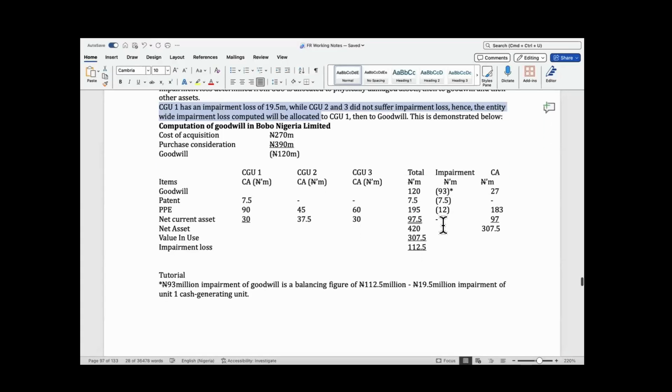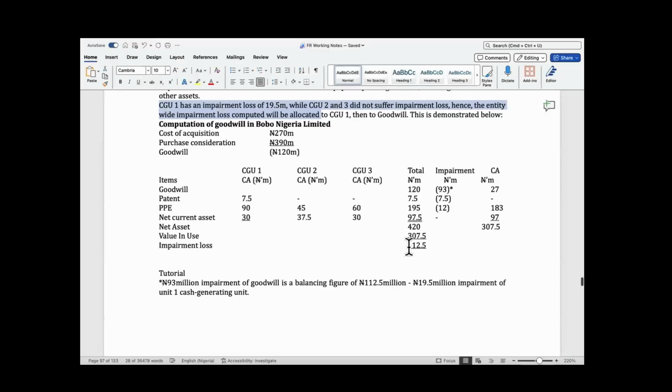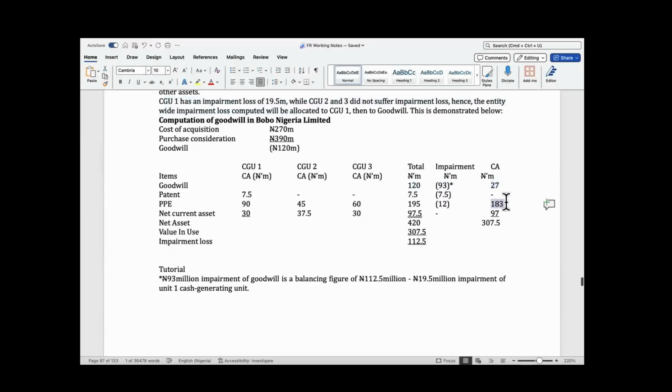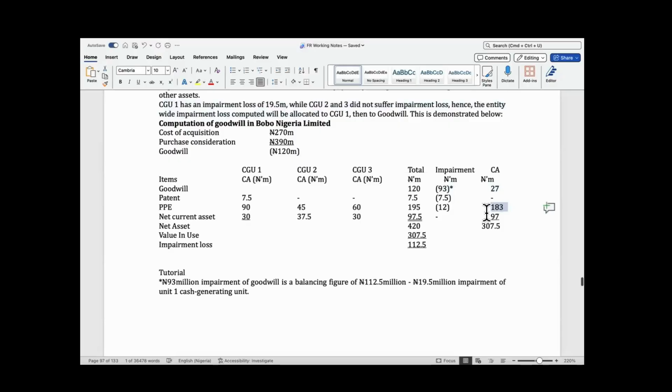After taking out 19.5 from the 112.5, the balance, which is 93, I gave all to goodwill. So the goodwill did not fully impair, still remaining 27, which is fine. The total PP is now this. The non-current asset, you don't touch it, is this 97.5.